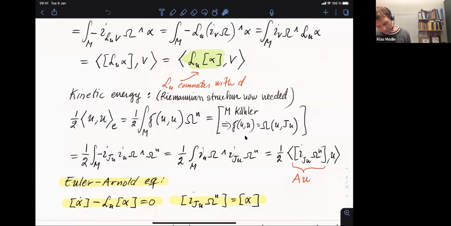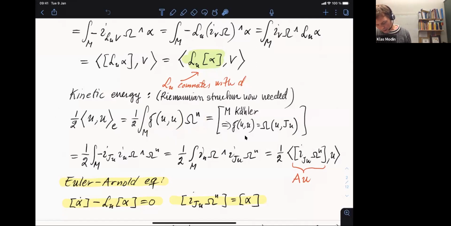And then how do I construct it? Remember, I need to specify an inner product on the algebra. So now U is a vector field. I specify the inner product the natural way: I take the L2 inner product with respect to the Riemannian metric, and I integrate it with respect to the volume form given by the symplectic structure.